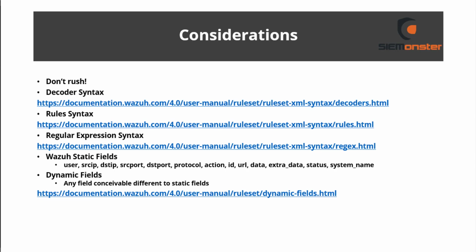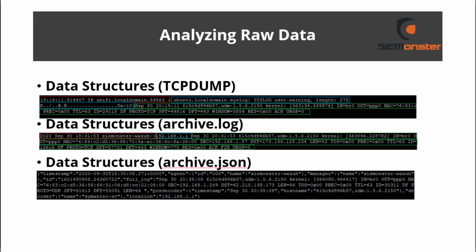So dynamic fields are any fields that do not match the names of the static fields. There are limitations to them. I would highly recommend you read the last URL on this page. That will guide you through them. One of the items, for example, on the static fields is that you can only extract 8 fields at once, and you'll understand why that's pertinent in a few minutes.